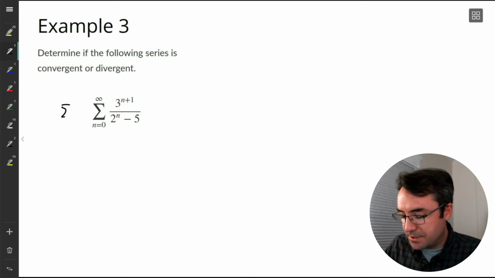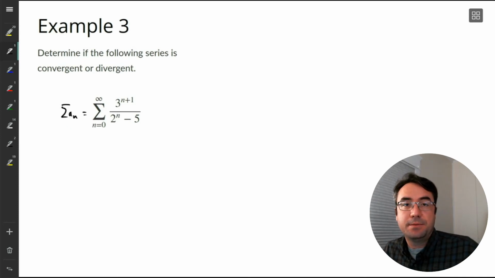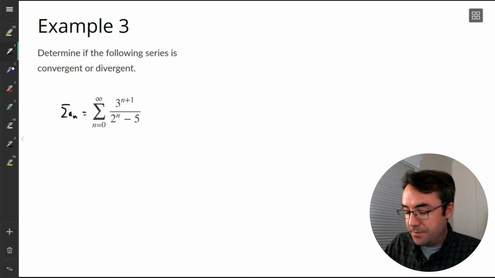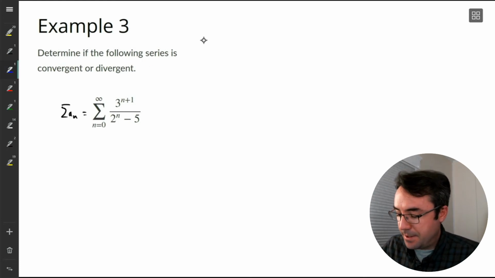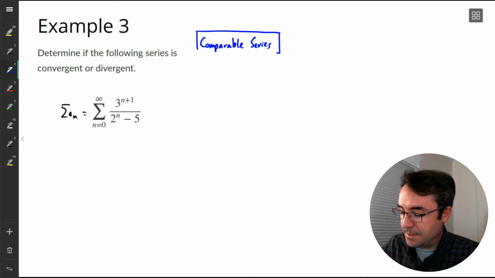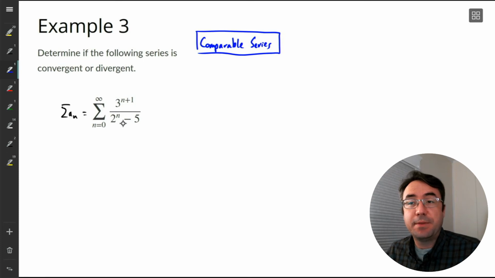So this is going to be our sigma an. This is the series that we don't know. And the first step, if we're going to use the comparison test, is to find our comparable series. And again, the way we can do this is by looking at the dominant terms in both the top and the bottom here.